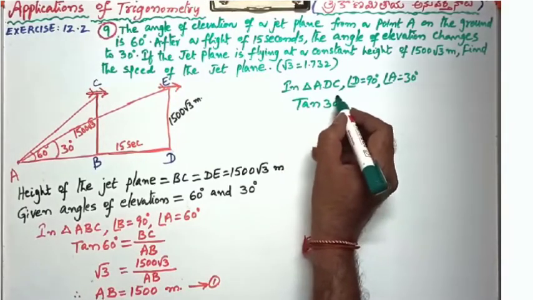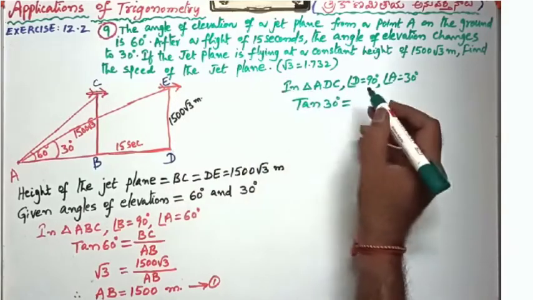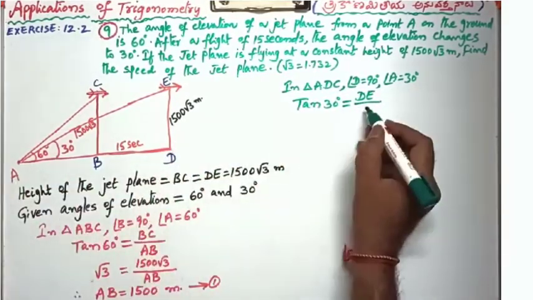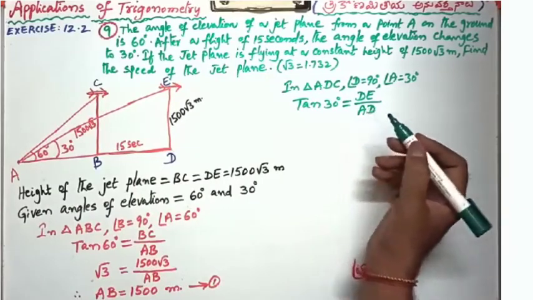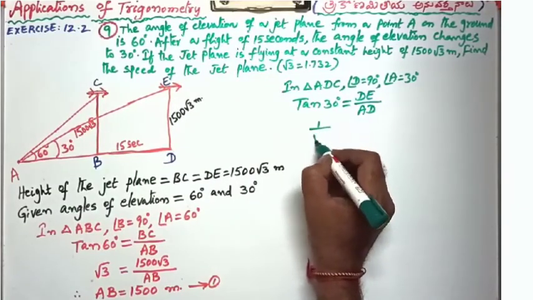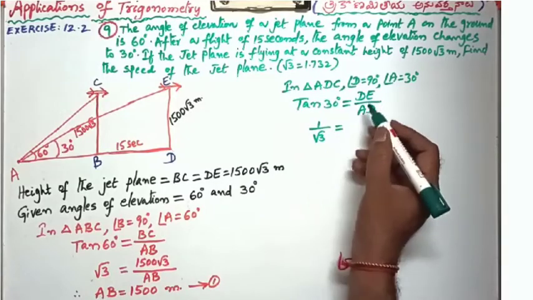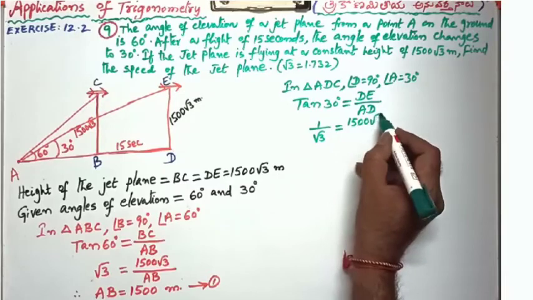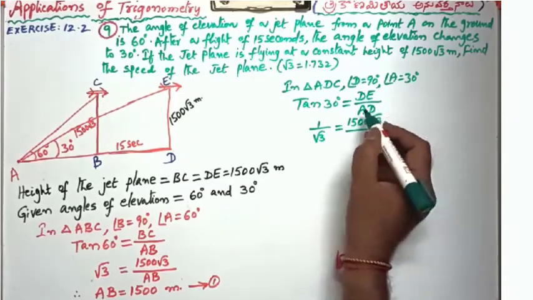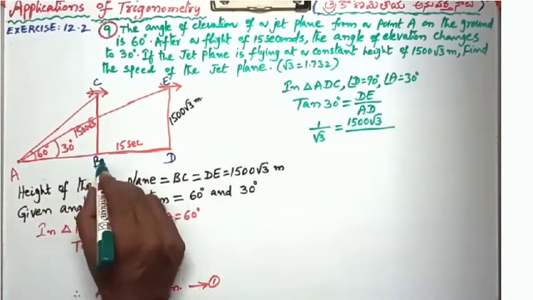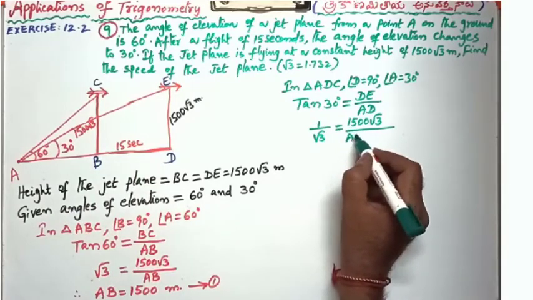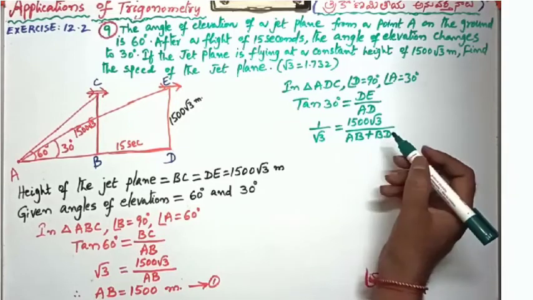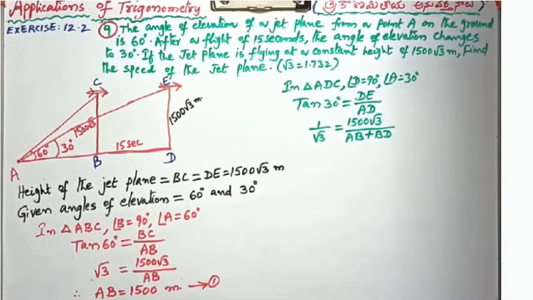Tan 30 degrees is equal to opposite side DE by adjacent side AD. Tan 30 value is 1 by root 3, that equals DE value, 1500 root 3, by what is AD? AD is AB plus BD. Now already we know the AB value.